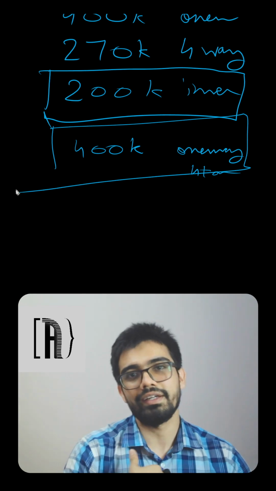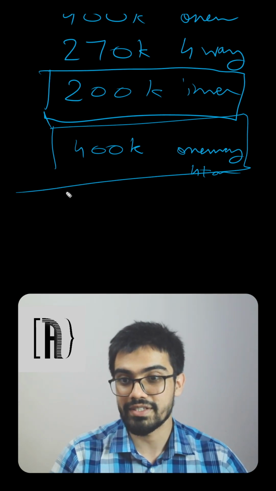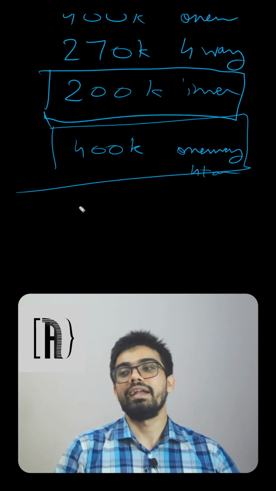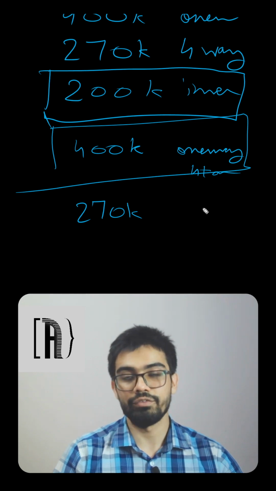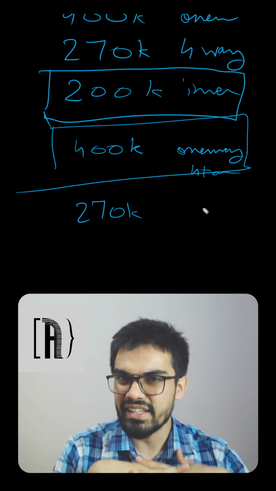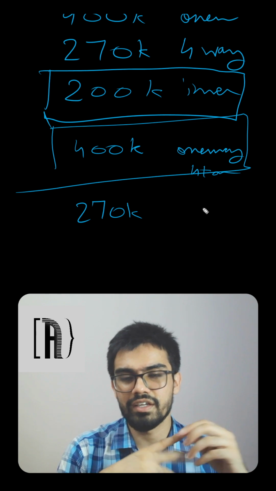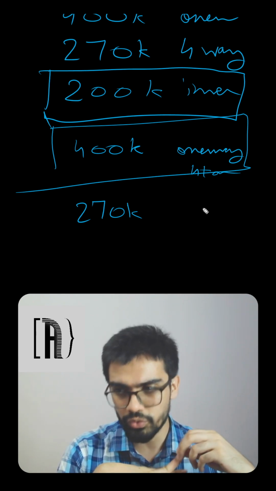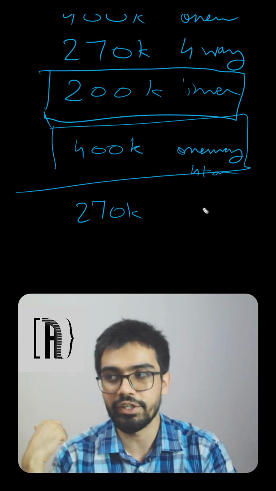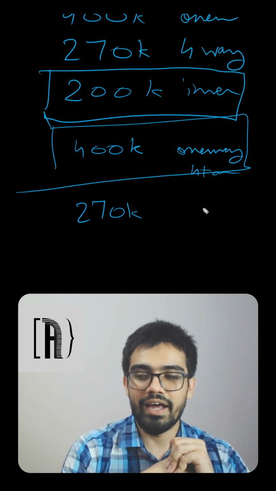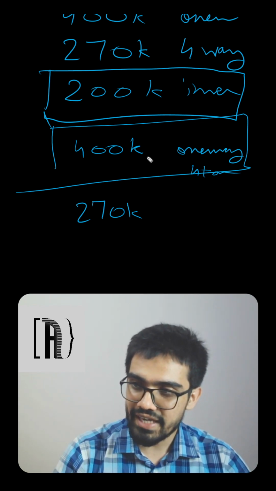But then comes the architect, which is me, and then I propose a solution for this, and it is costing you 270K and giving you the same result. It is concealing the AC. It is giving you the same amount of coolness, which is almost 4 ton. It is 3.8.